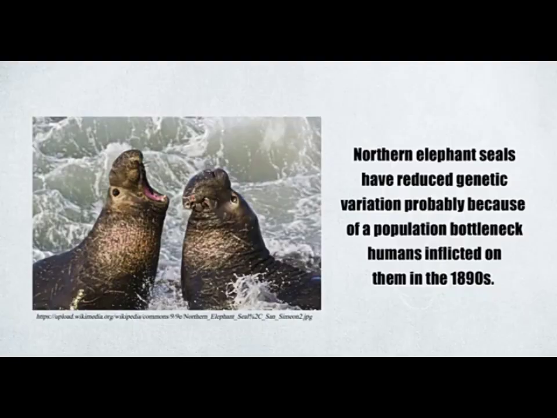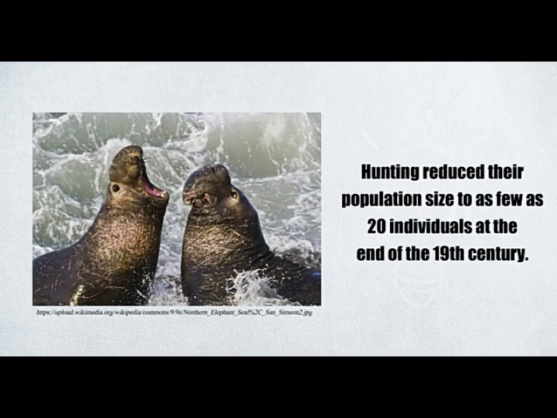For example, northern elephant seals have reduced genetic variation, probably because of a population bottleneck humans inflicted on them in the 1890s. Hunting reduced their population size to as few as 20 individuals at the end of the 19th century. Their population has since rebounded to 30,000, but they have much less genetic variation than a population of southern elephant seals that was not so intensely hunted.